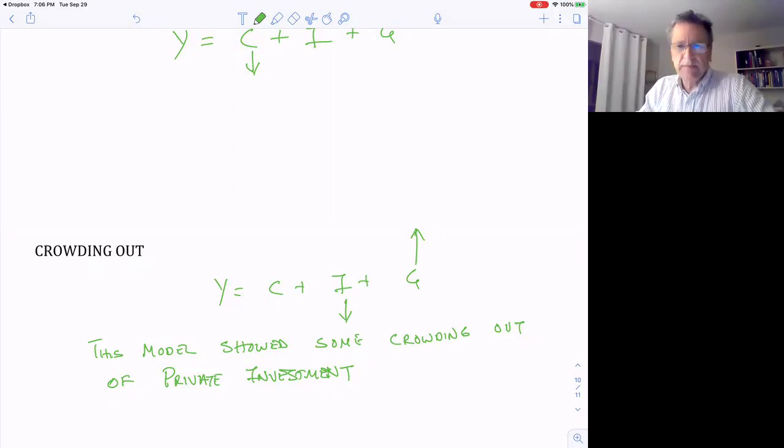Keynes thought that crowding out would be very small. His followers also think that crowding out is pretty small. The people who don't like Keynesian ideas think that the crowding out is very large. Remember, Keynes was thinking we have a recession, and for the most part, it's because there's a lack of aggregate demand in the economy, probably in the investment category, probably due more to animal spirits than interest rates.